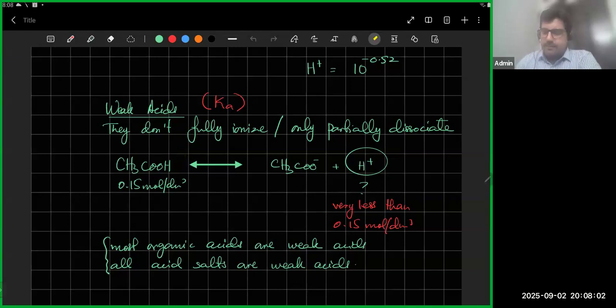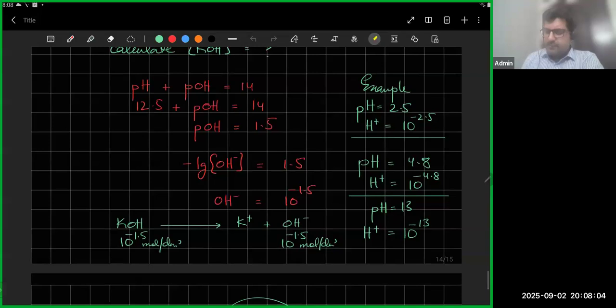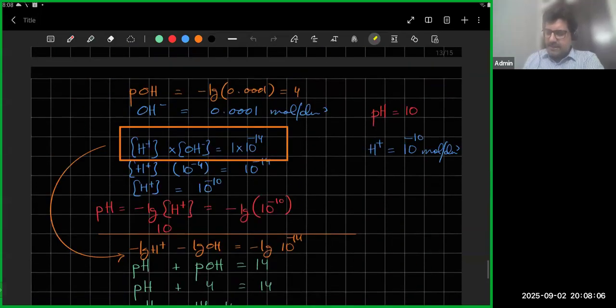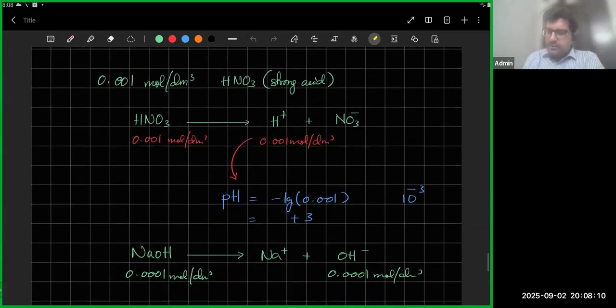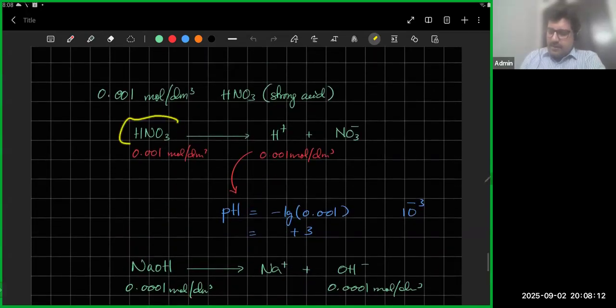problem with strong acids, which we discussed last time, let me revise that a bit. When you have a strong acid, to figure out the H+ concentration is very easy, because it's going to fully dissociate. If this is 0.001 mole per dm cube, then H+ would also be 0.001 mole per dm cube.